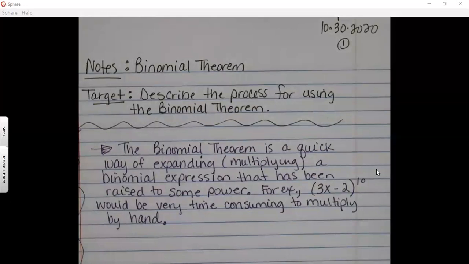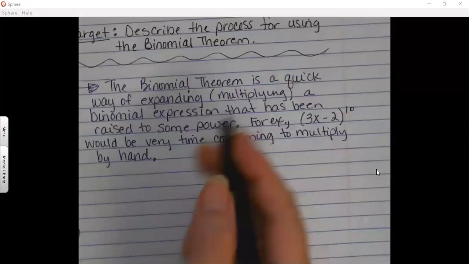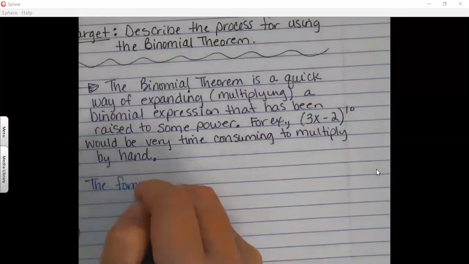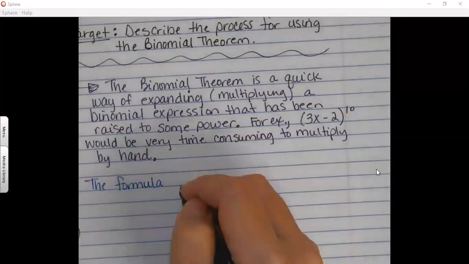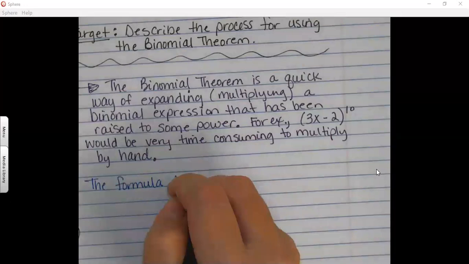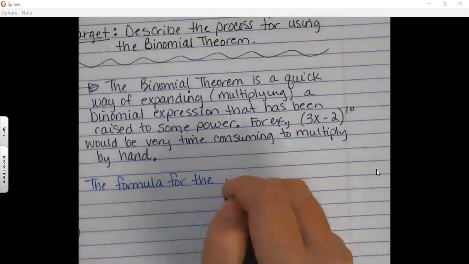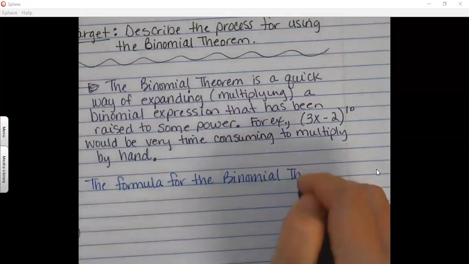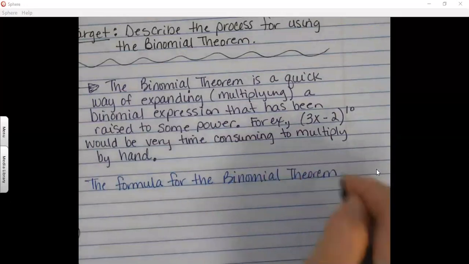The formula for the binomial theorem is as follows.